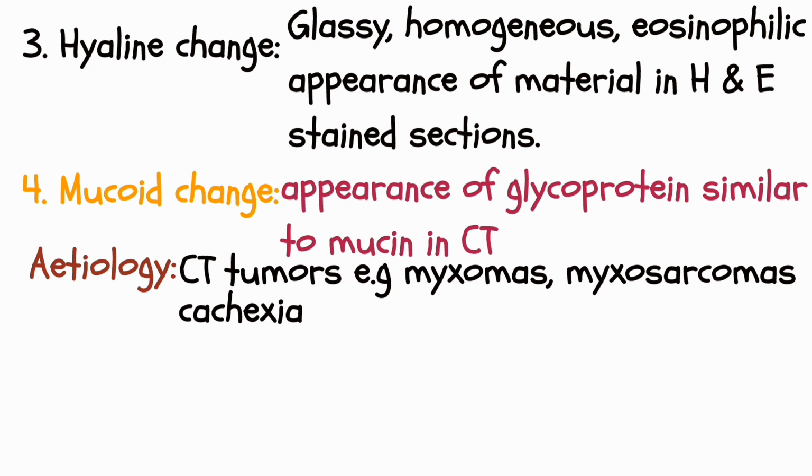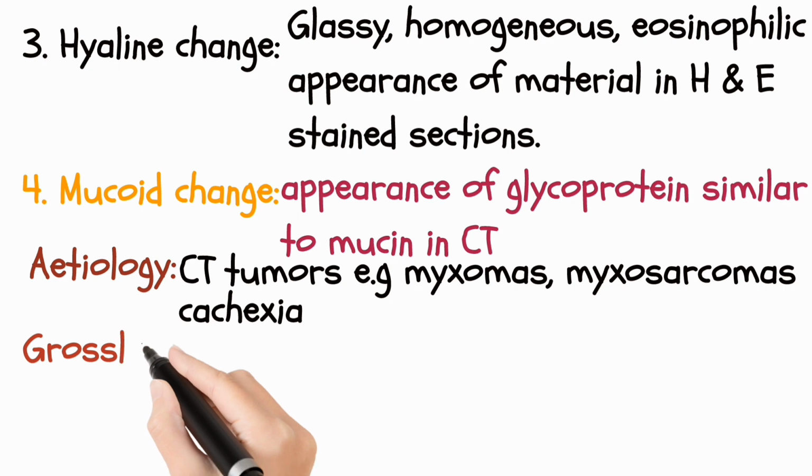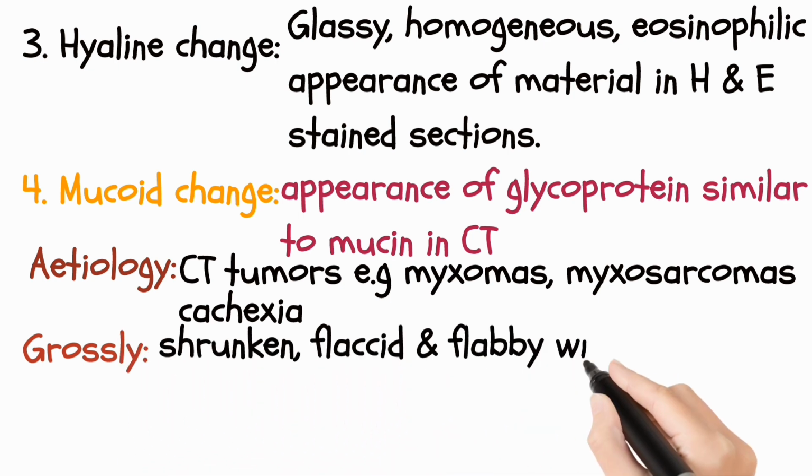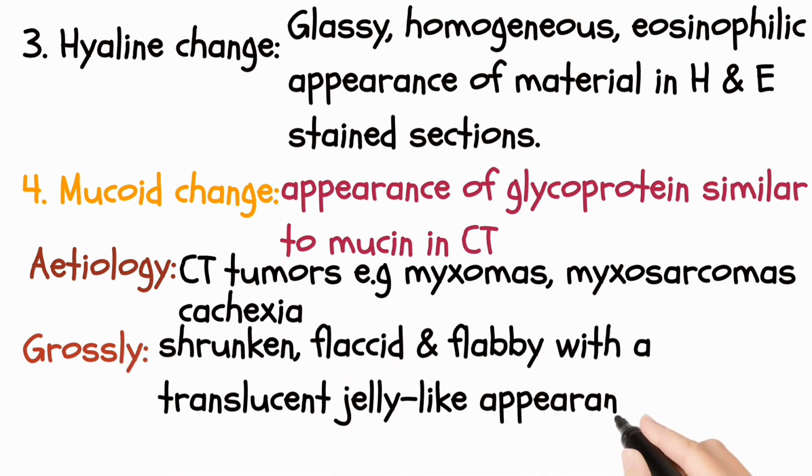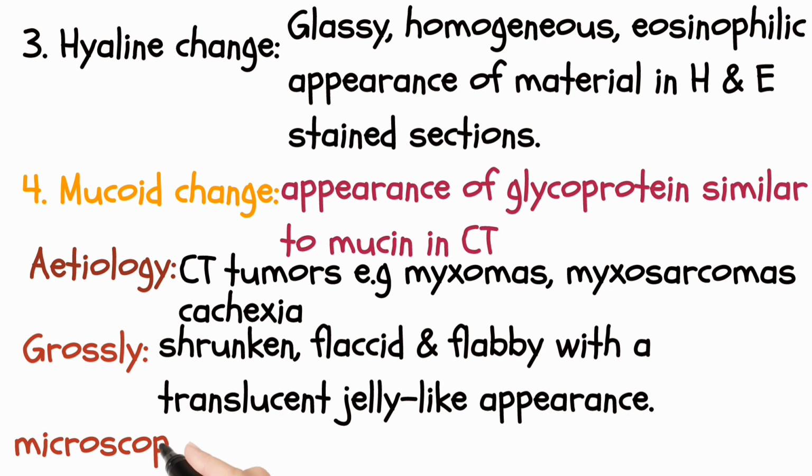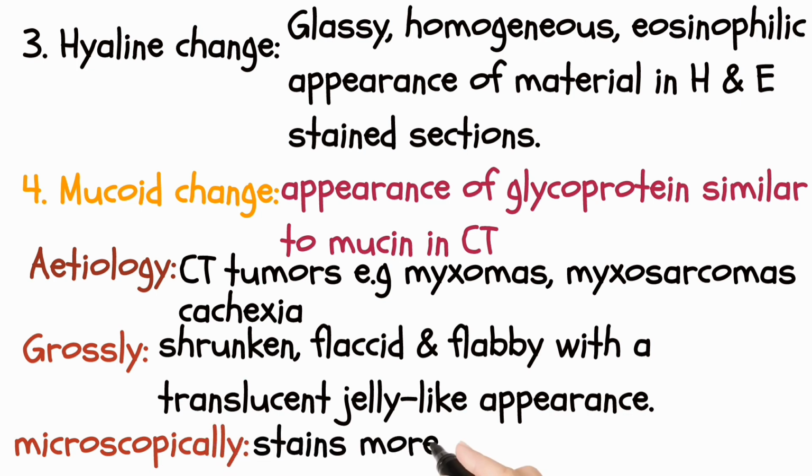Grossly, the affected tissue is shrunken, flaccid, and flabby in consistency and has a translucent jelly-like appearance. Microscopically, the degenerating tissue stains more intensely blue with hematoxylin.